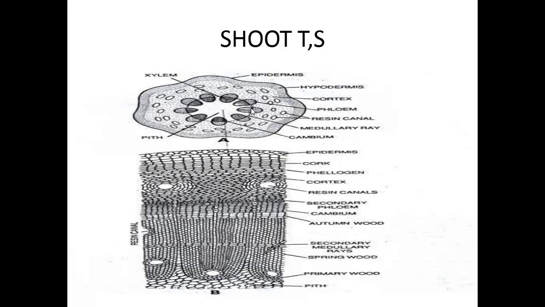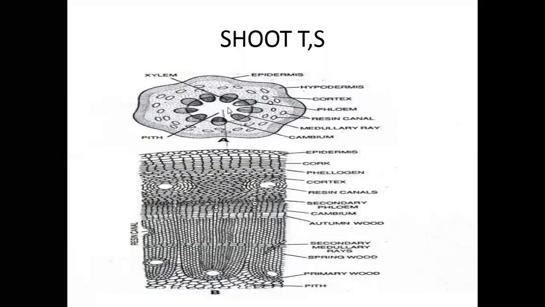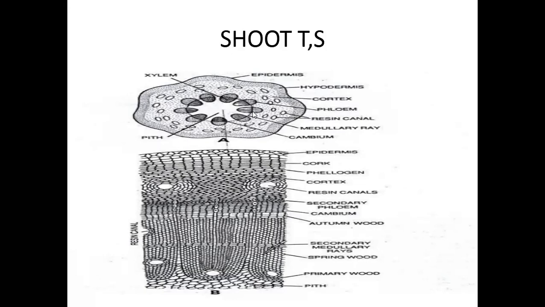Open means cambium is present between the xylem and phloem of the collateral bundle. Endarch means protoxylem is present towards the inside. So the vascular bundles are conjoint, collateral, open, endarch type.